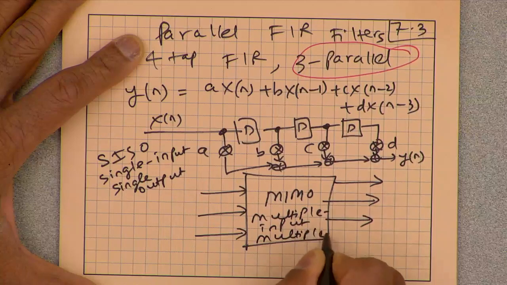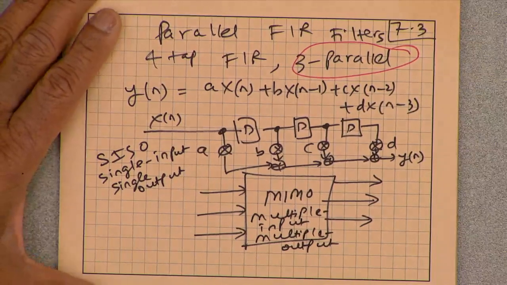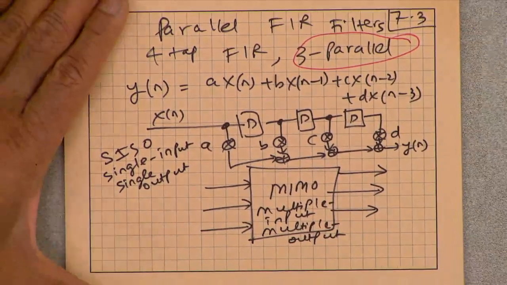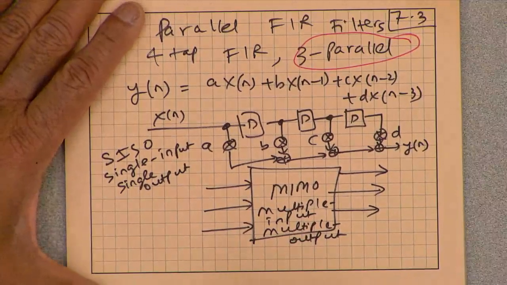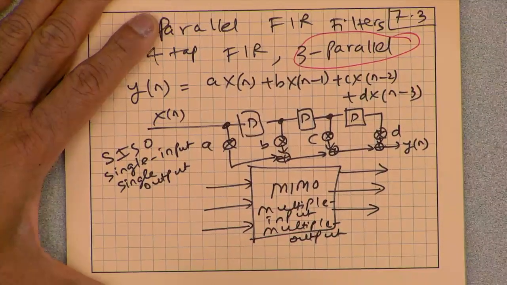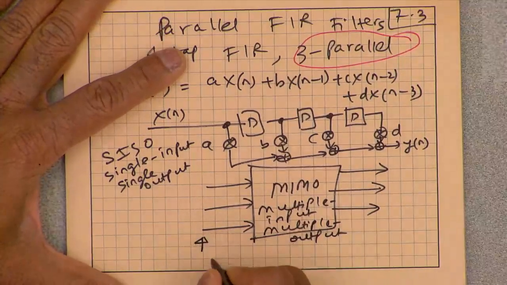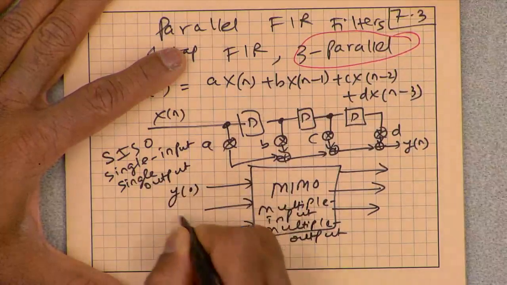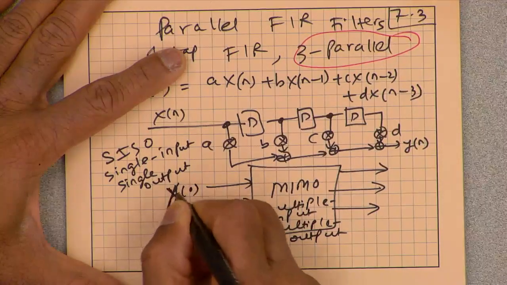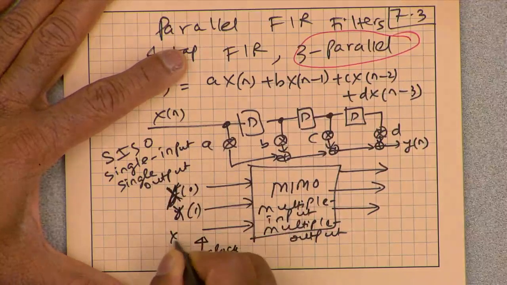In this case, the number of inputs and outputs is 3. So how does a 3 input, 3 output system process data and compute outputs? Well, in clock cycle 0, I can feed the 3 inputs x0, x1, x2.